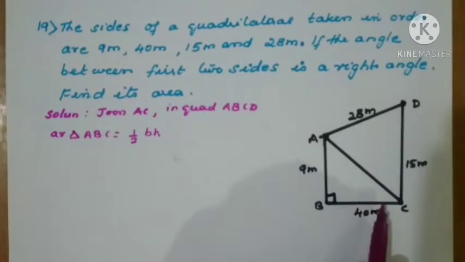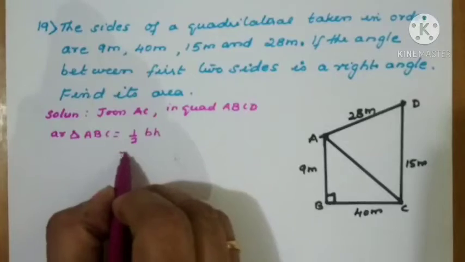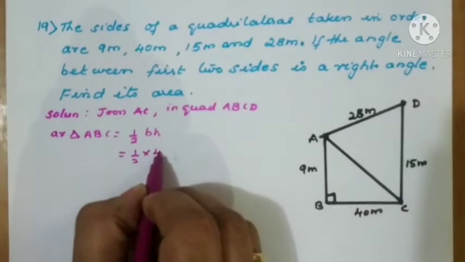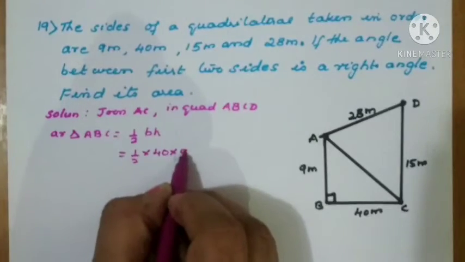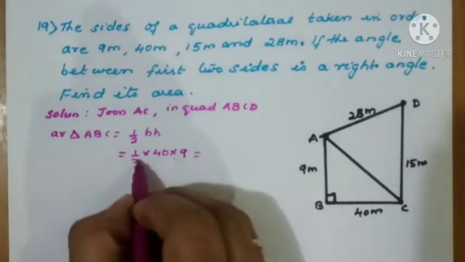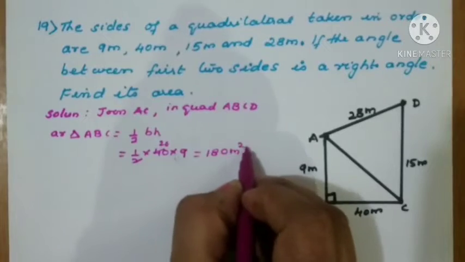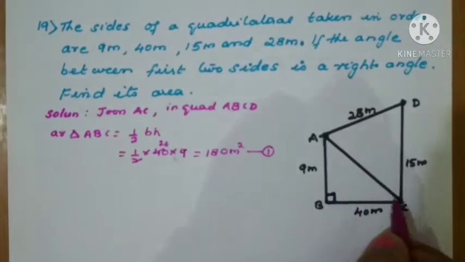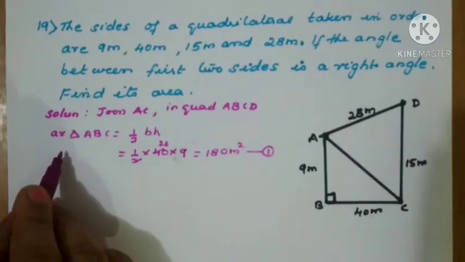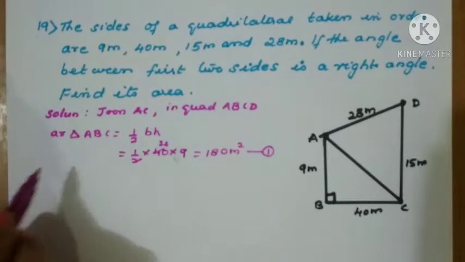So we can apply the base into height formula here. So half into 40 into 9 equals 20 into 9, 180 meter square. That means the quadrilateral is divided into two triangles, and we have already got the area of triangle ABC.